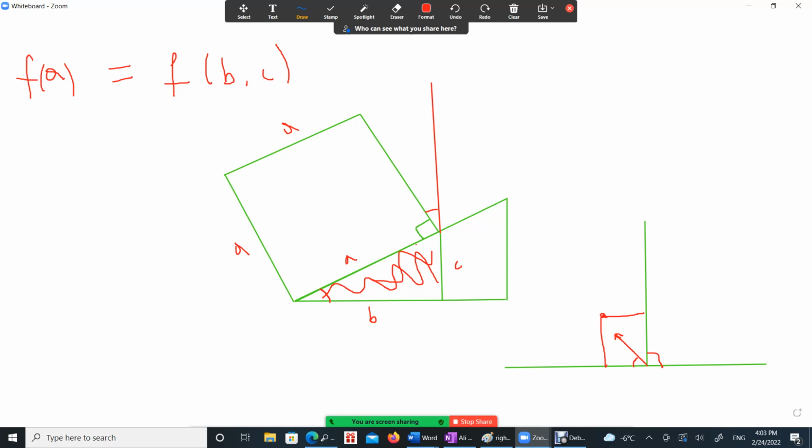This means that after B amount of walking on this path, there should be a height formed of C amount as well.